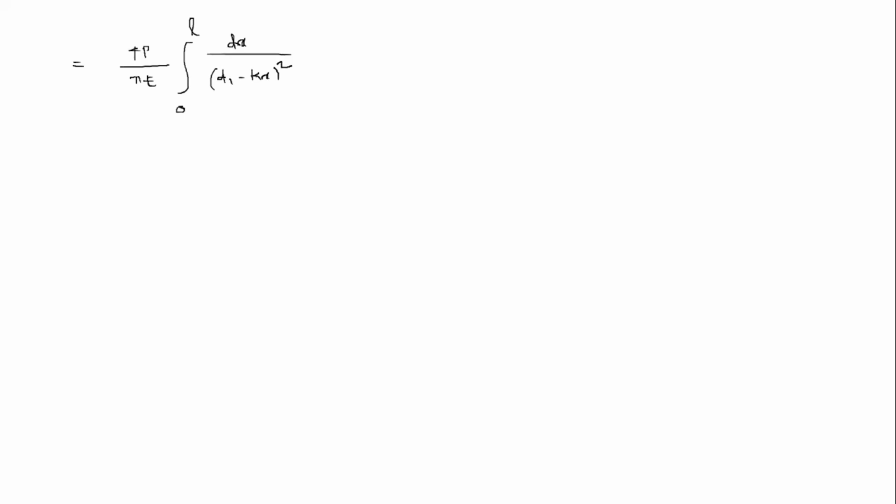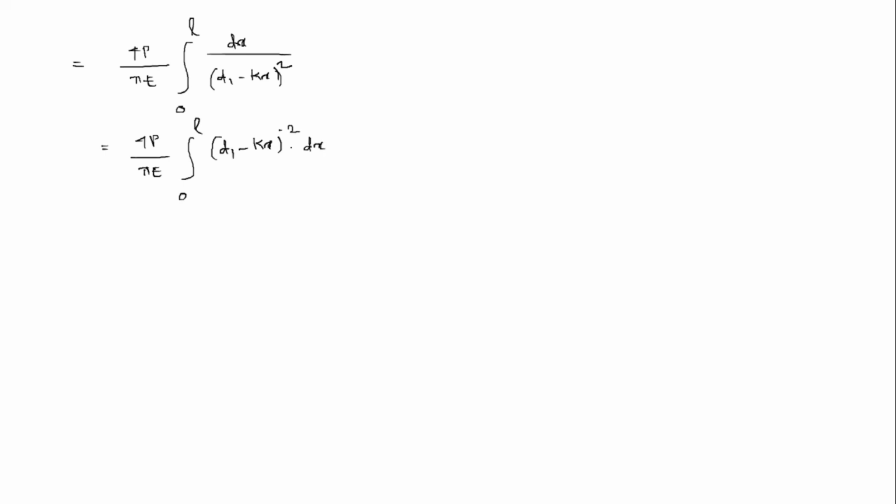We have to integrate this. So, the denominator (d1 minus kx) squared is converted into the numerator, that is, (d1 minus kx) to the power minus 2 into dx.